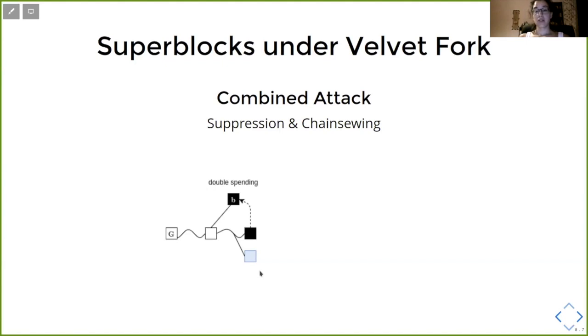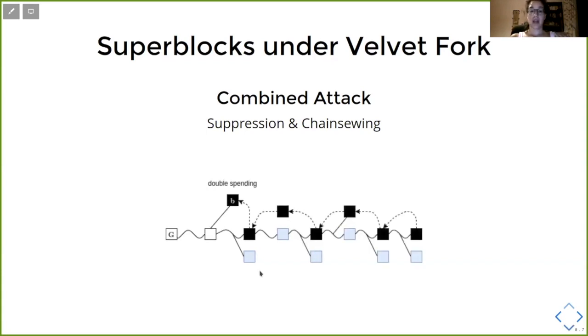And she does this in the following way. She mines selfishly these black blocks in the honest chain, and she announces them to the network only when she observes an honestly generated superblock. So she does this again and again and again, and some of her suppression attacks will fail, some of them will succeed.